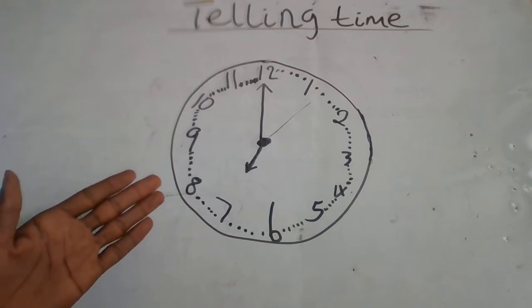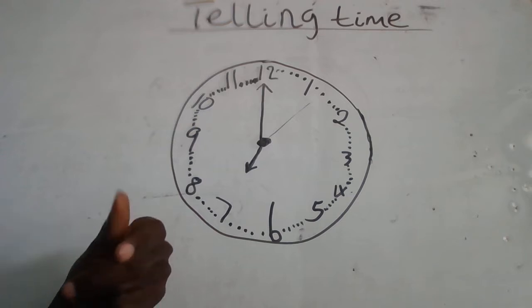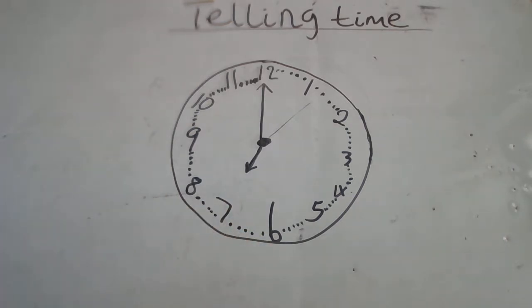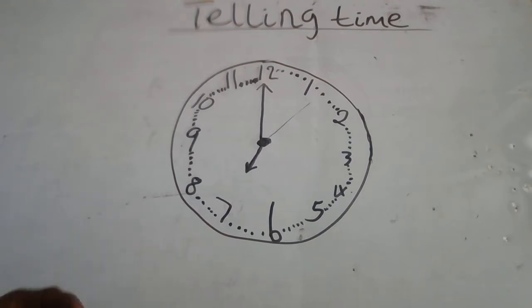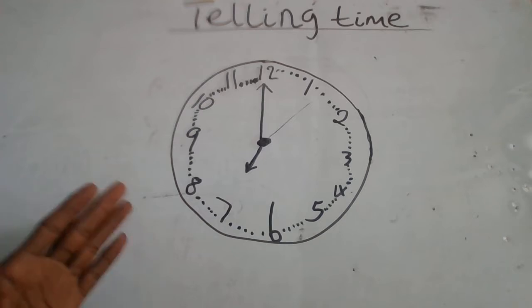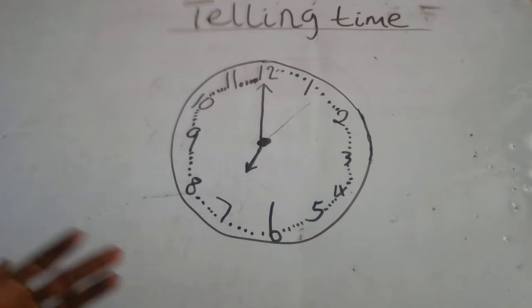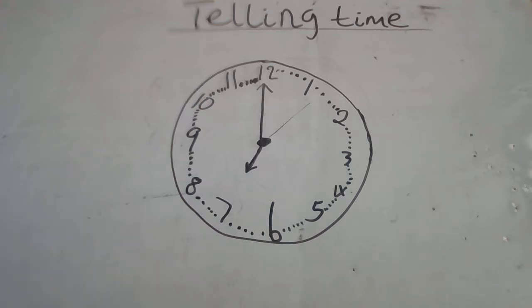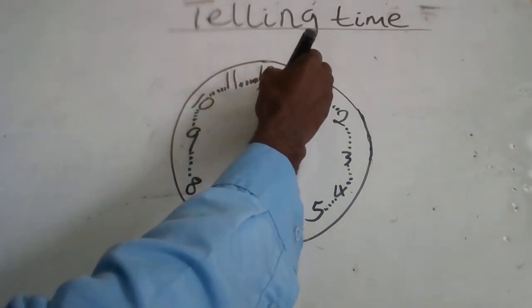Now, the major issues that I found out from the students that I have encountered so far. Number one, they find it very difficult to understand which is the hour hand on the clock, which is the minute hand, or which one is the seconds hand. So I want to explain this.